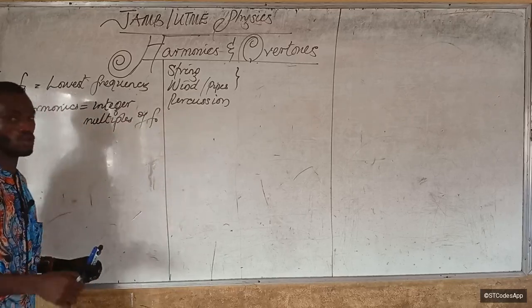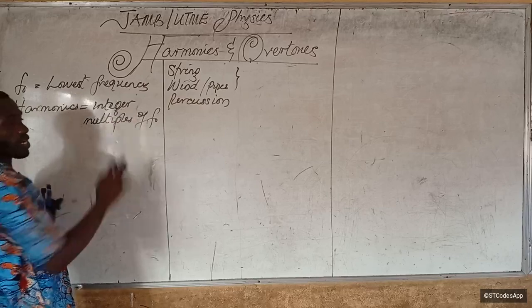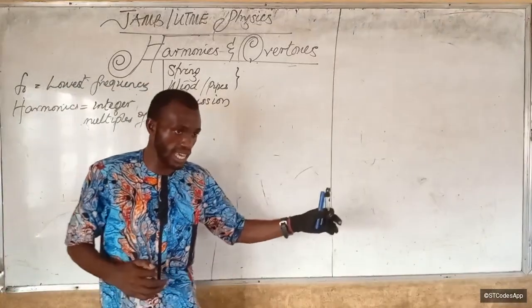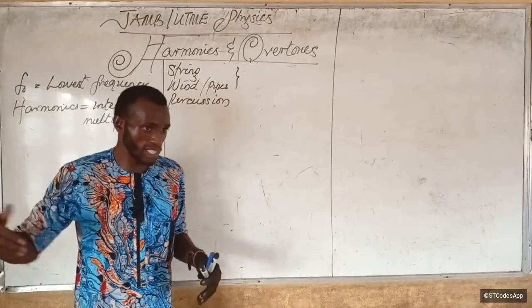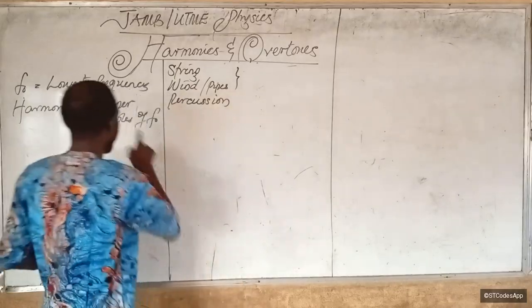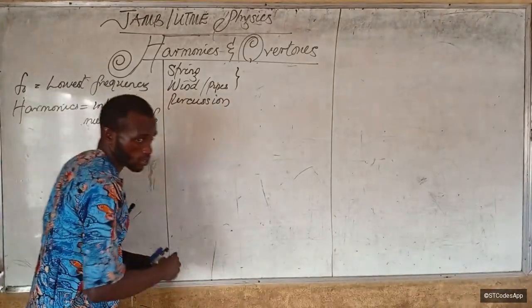If this all confuses you, you should just follow me. You are going to understand why we call it integer multiples, because all the frequencies we will create can be gotten from the fundamental frequency by just multiplying it by a particular integer. So that's why we call them integer multiples. Do you get it now?